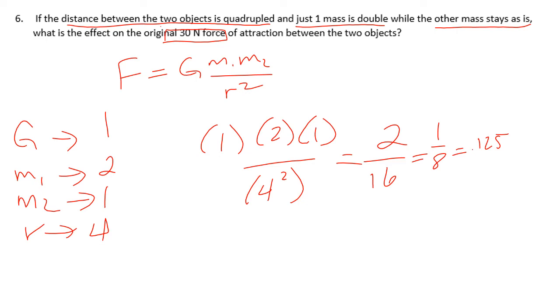0.125, which means that the force is going to decrease, right? That's 0.125 times weaker. If the original force was 30 newtons, then it's 30 newtons times that factor of 0.125.